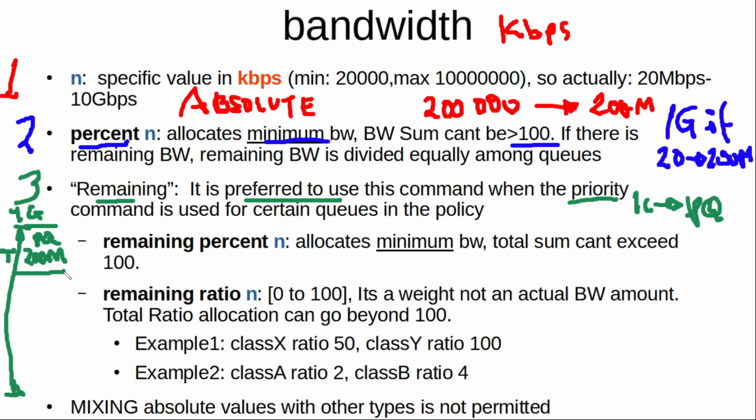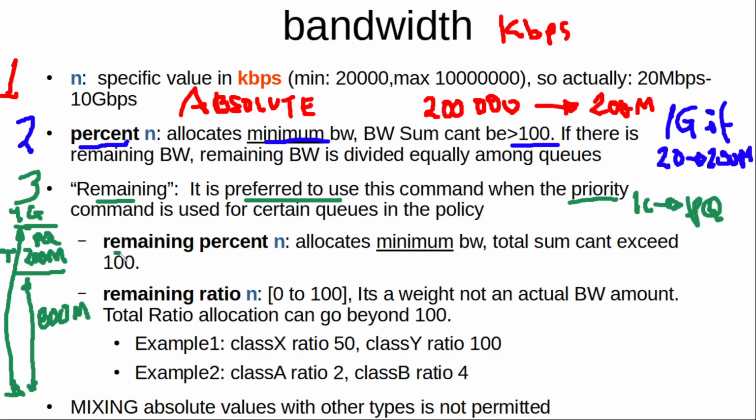So you are allocating 200 megabits per second from the total 1 gigabit per second that you had available. That means that you will have a remaining 800 megabit per second to allocate.